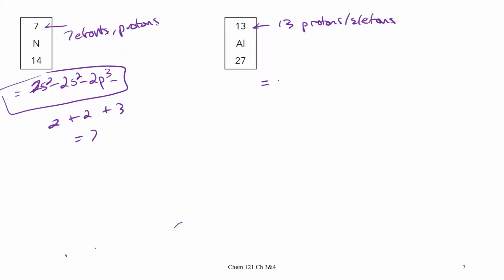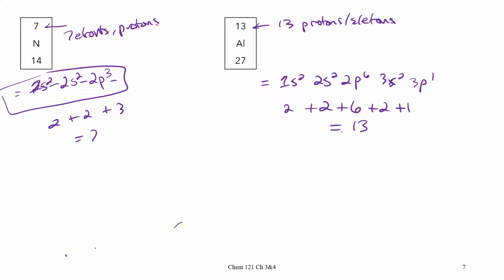So our electron configuration is 1s2, 2s2, 2p6, 3s2, and 3p1. If we add those exponents together, 2, 2, 6, 2, 1, it will equal the 13 protons and electrons that we have.